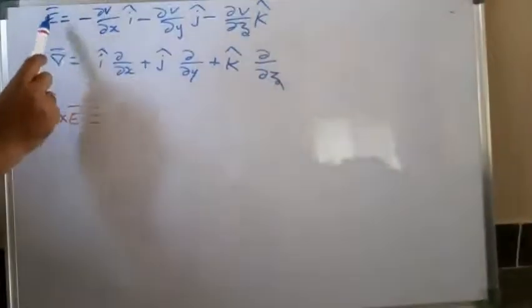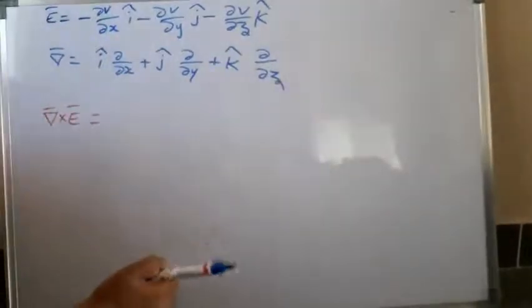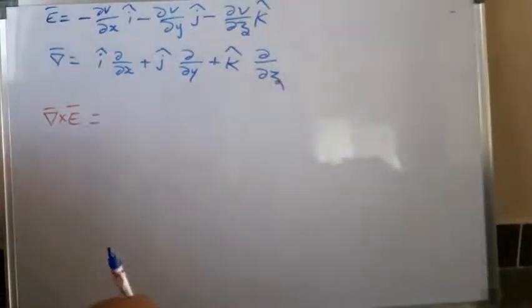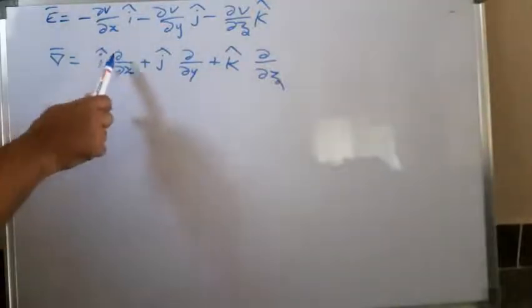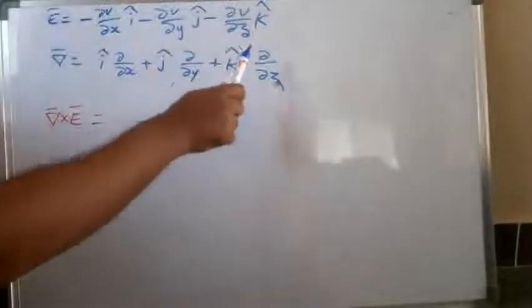Just now we proved E bar is equal to minus dou V by dou x i cap minus dou V by dou y j cap minus dou V by dou z k cap. And del bar is a vector operator which is i cap dou by dou x plus j cap dou by dou y plus k cap dou by dou z.